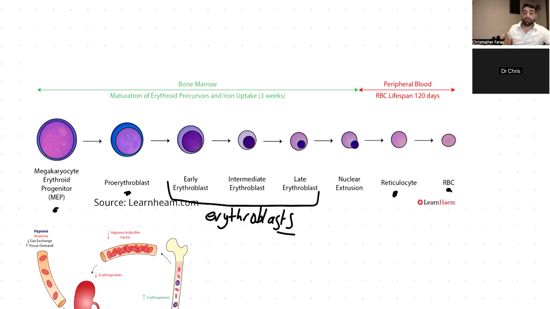So you have that progenitor cell, and it differentiates into proerythroblasts. Now we're specific to our erythrocyte lineage, our red blood cell lineage.